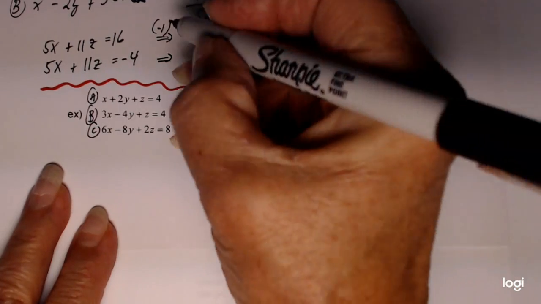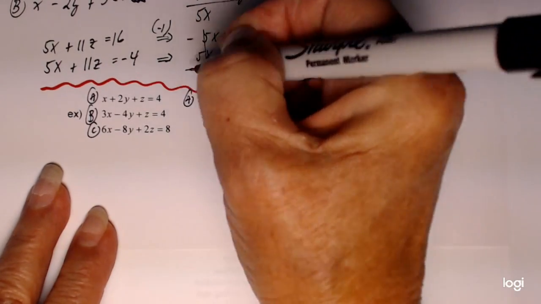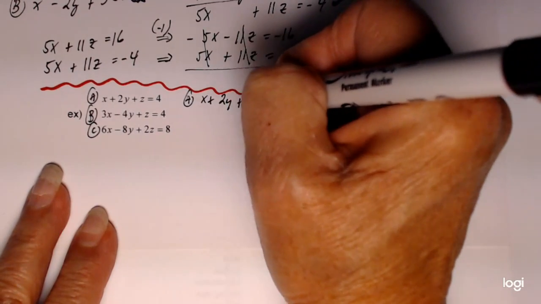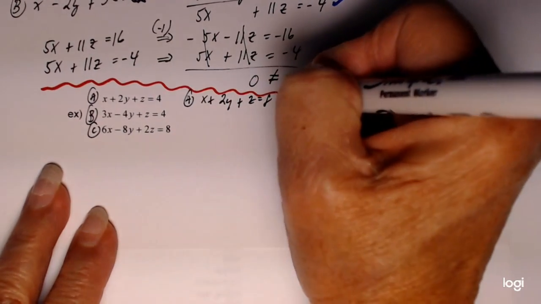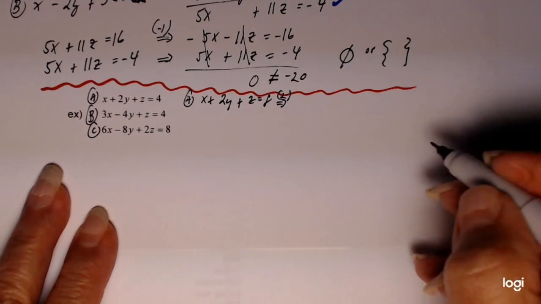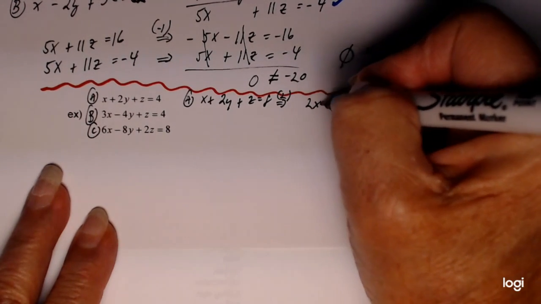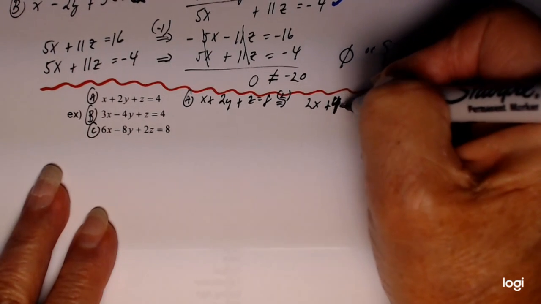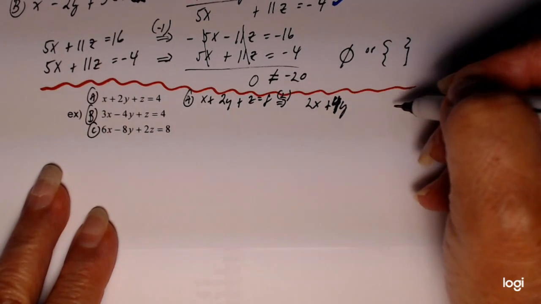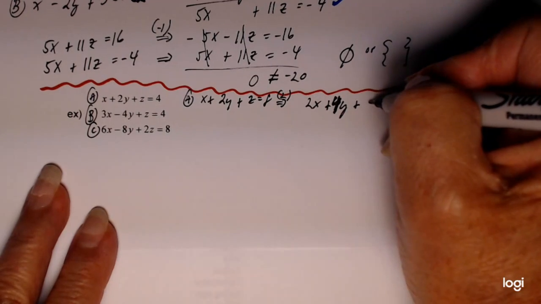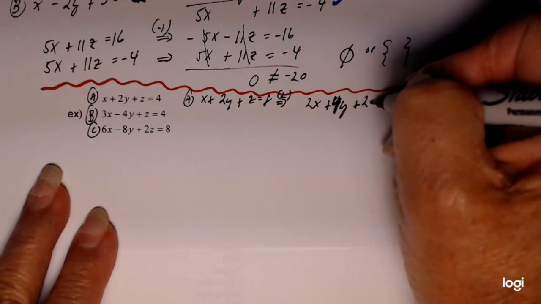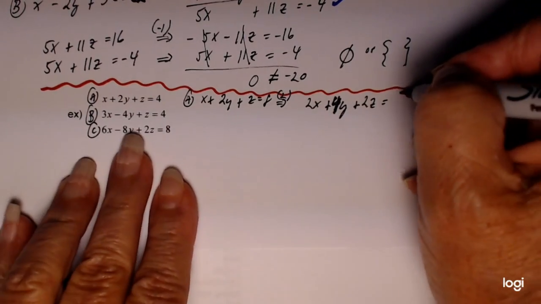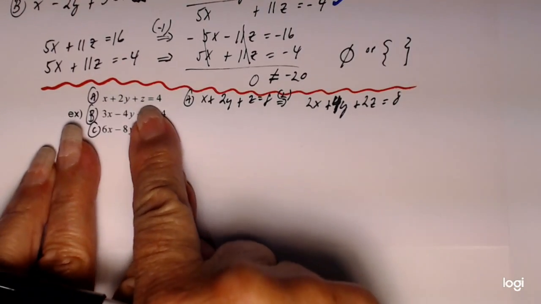So we're going to take equation A, which is x plus 2y plus z equals 8, and I'm going to multiply by 2 to get 2x plus, wow, bad handwriting today, 4y plus 2z equals 16. So multiplying all the terms here by 2.